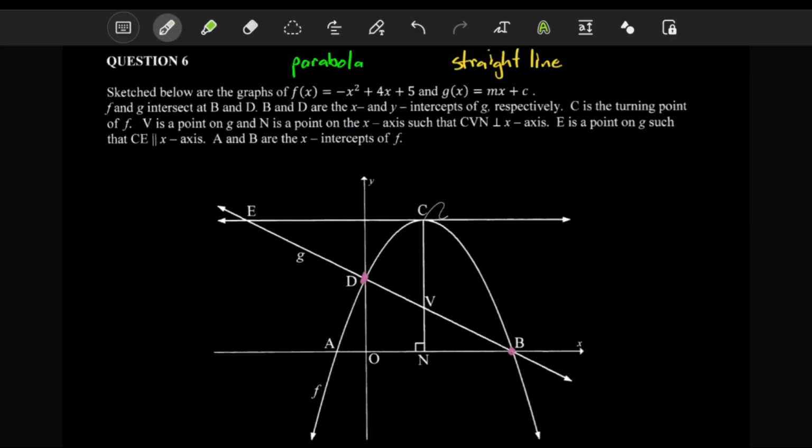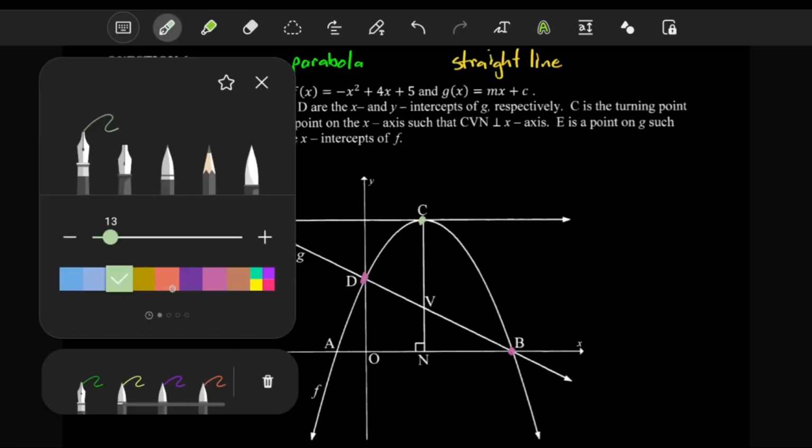C is definitely the turning point of the parabola. And then it says V is a point on g. Yes, V is definitely a point on g, and N is a point on the x-axis such that CVN is perpendicular to the x-axis.